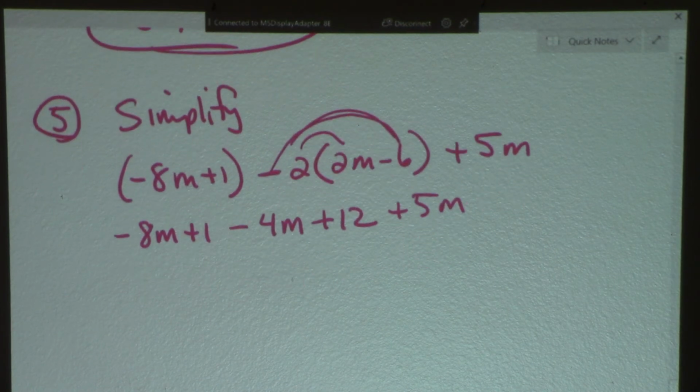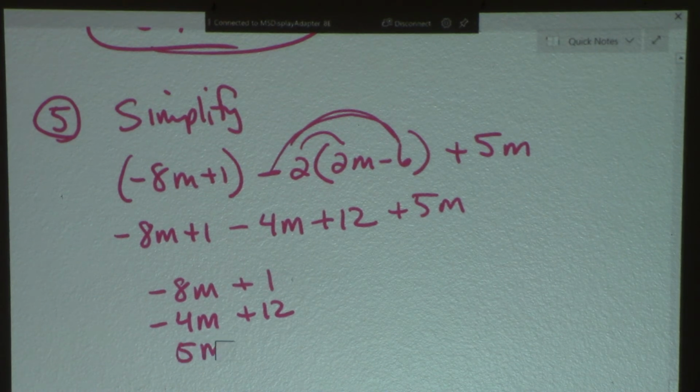All right, so now I'm going to look for what terms can I combine together. And I'm going to write this one here, and I've got plus 1, and I'm going to put negative 4m underneath that, and I have plus 12. The 1 and the 12 go together, and then I have positive 5m.